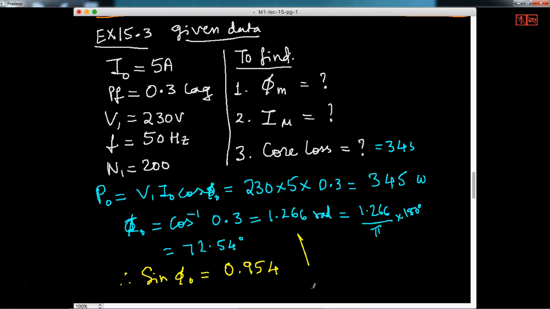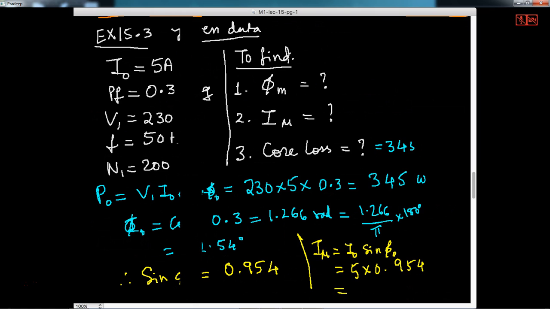I mu is nothing but I naught into sine of phi naught, that is 5 into 0.954, which is 4.77 amperes.